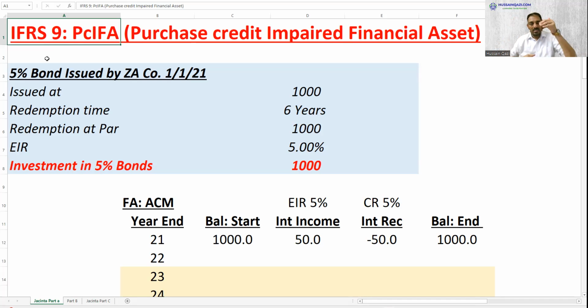Students, 2 things. Number 1, first of all, we need to cover what is the meaning of purchased credit impaired financial asset. And number 2, how to account for the purchased credit impaired financial asset. Students, I will call the term PIFA, investment in purchased credit impaired financial asset. So first of all, we need to understand what that means.